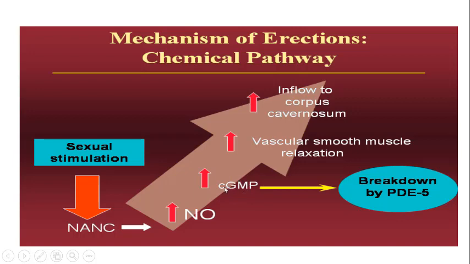Increased concentration of cyclic GMP will induce relaxation of the smooth muscle fiber, leading to erection. This occurs because the phosphodiesterase type 5 inhibitors will inhibit the phosphodiesterase type 5 enzymes. Inhibition of these enzymes responsible for breakdown of cyclic GMP will lead to accumulation of cyclic GMP, leading to relaxation of the smooth muscle and leading to erection.